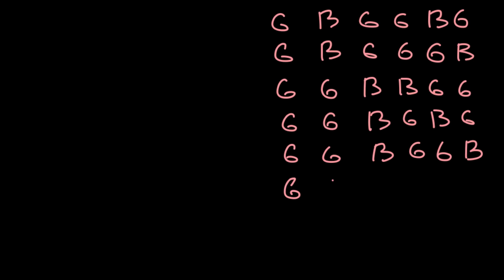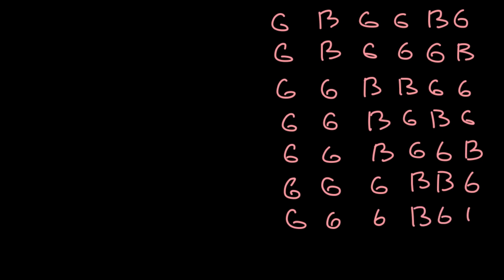So first three children would be girls, and then boy, boy, and a girl. A girl, a girl, a girl, boy, a girl, and a boy. And now the last variant. A girl, a girl, a girl, a girl, and two last children would be boys. So now we have listed all the possible variants.